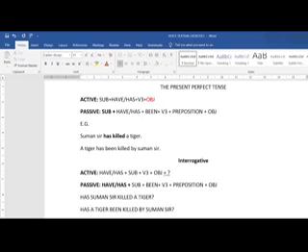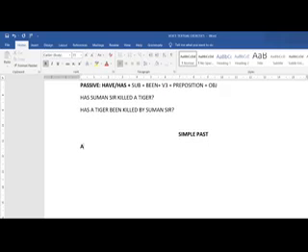One more thing that we were discussing in the morning, that is the simple past. What is the structure of the simple past? You tell me. The structure in active for simple past is subject plus V2, the second form of verb, and object.